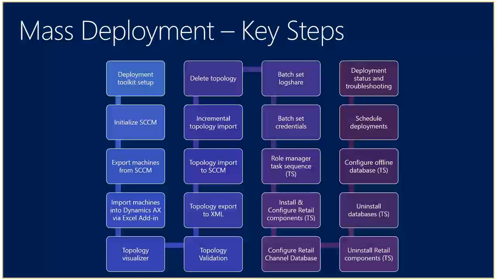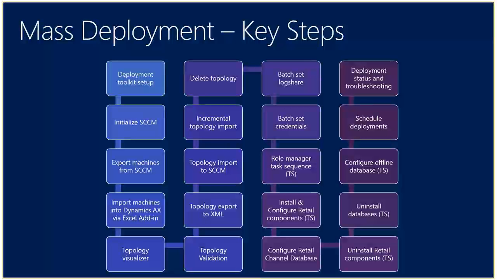What you do then, as I explained earlier, is run a command to initialize the Configuration Manager console with all of your applications and task sequences and so on and so forth, so it's ready to be used.